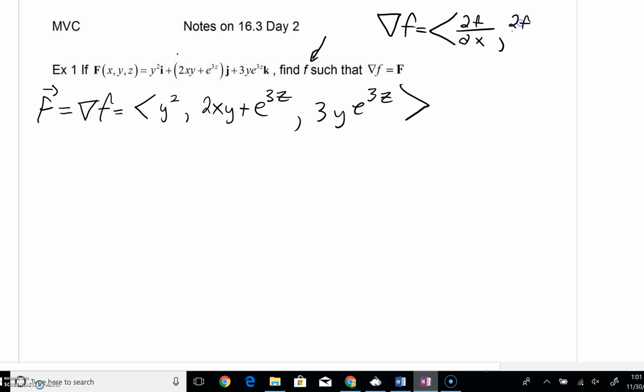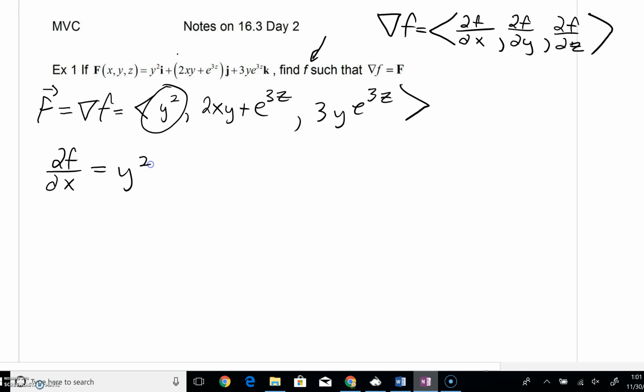We're going back to just that gradient, just like we did yesterday, just reviewing that the gradient function is really a vector function of the partial derivatives of little f, right? So you could, in a heartbeat, say, look at your x component. Your x component was the partial derivative of f with respect to x.